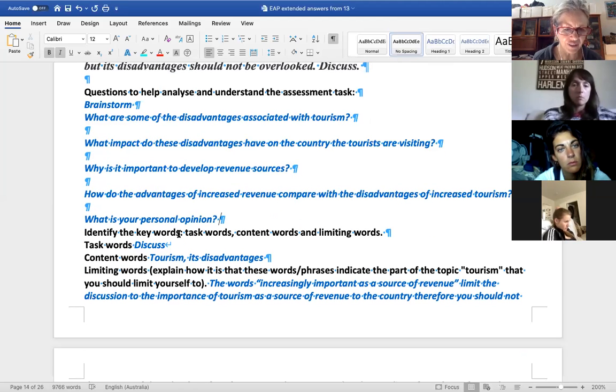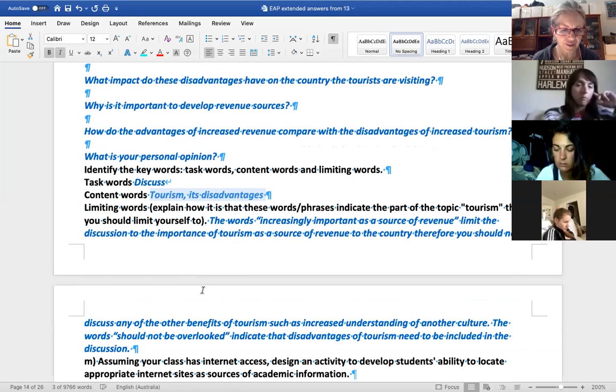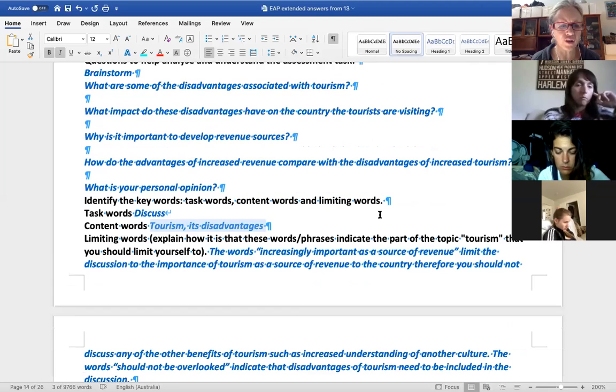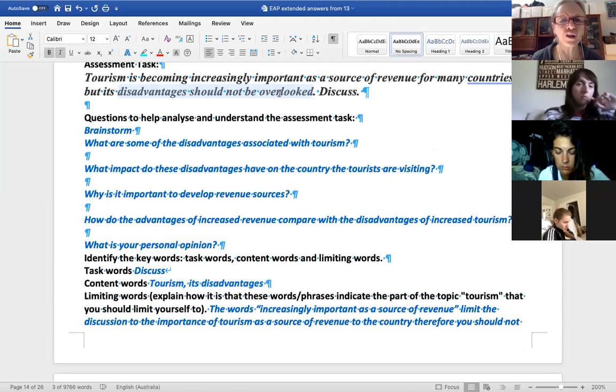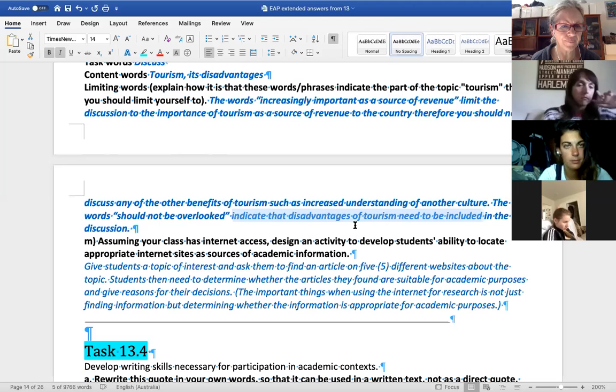Then you have to identify the key words, which are the task word discuss, content words tourism, disadvantages, and limiting words, because it says should not be overlooked. So disadvantages should not be overlooked. So you understand you have to talk about the disadvantages. It indicates that disadvantages need to be included.